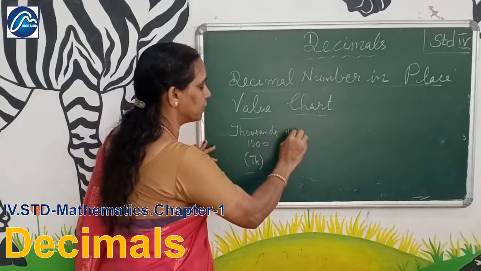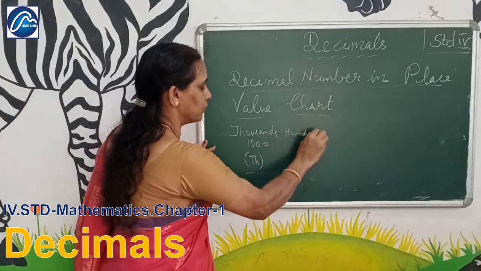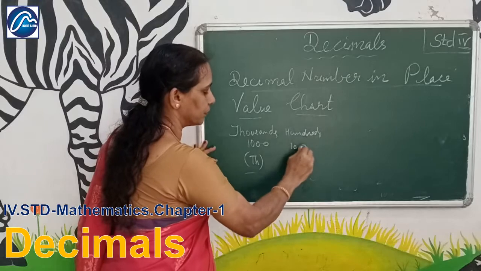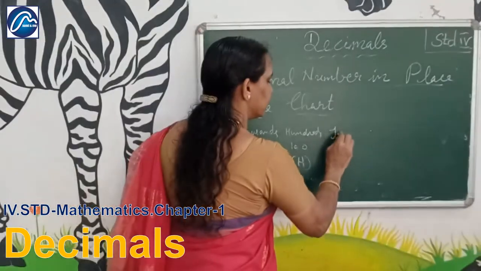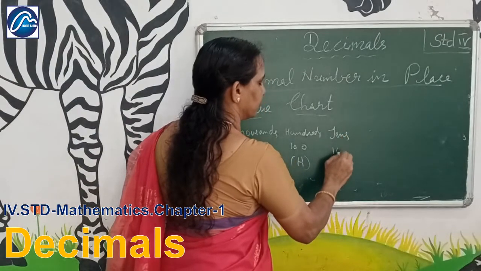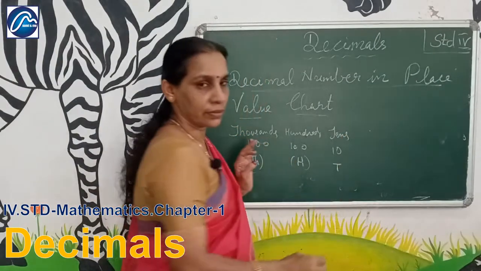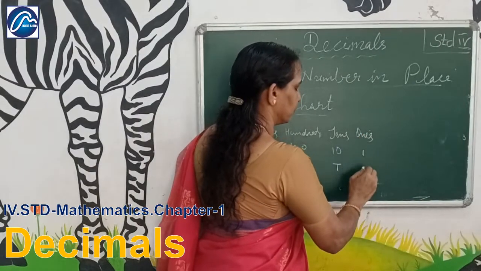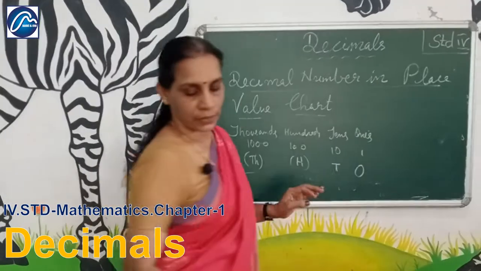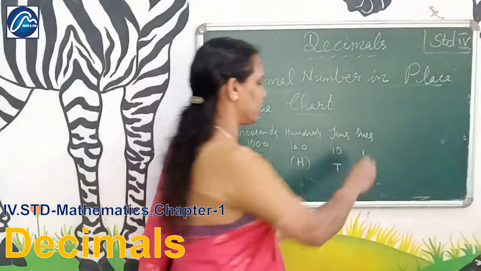Then hundreds, H. Tens, T. Ones, O. Then after that, the point.